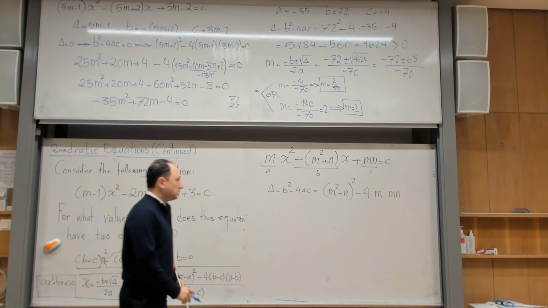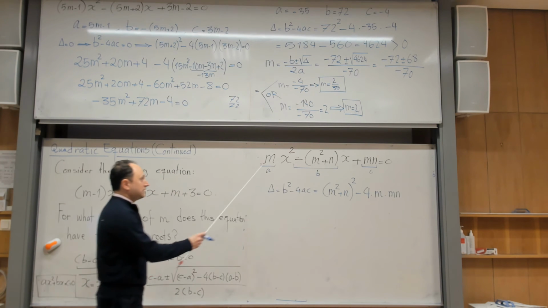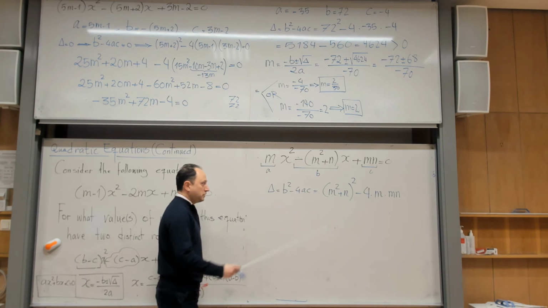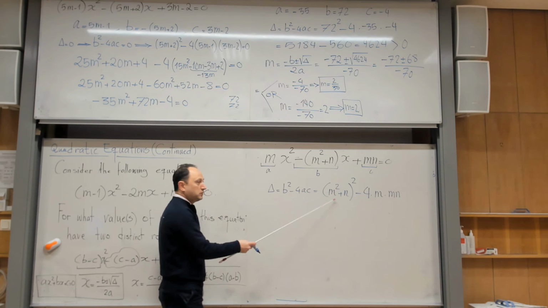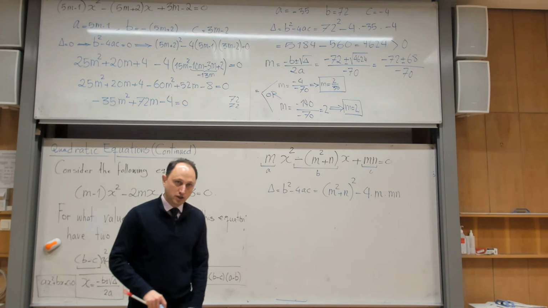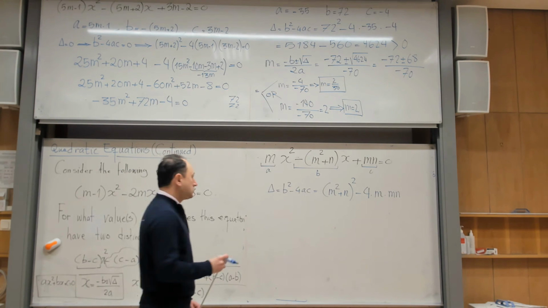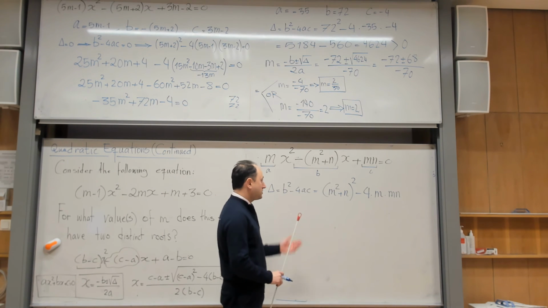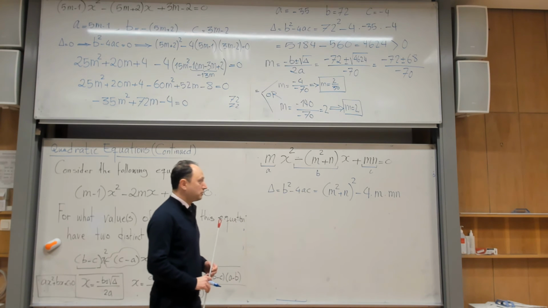Yes? Of course, in the case that these are numbers, I can simplify this and get a number. But here I cannot expect to get a number because I have to work with letters. So what I get is an expression rather than a number. Yes? You can leave it like this, but you can simplify it algebraically probably a lot.